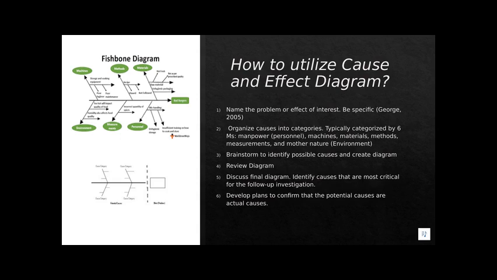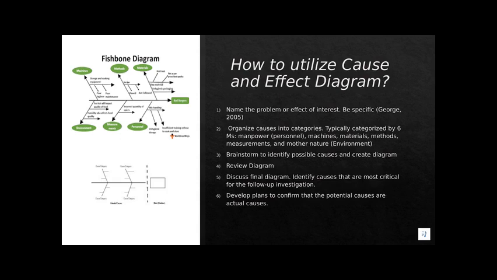The second step is to organize causes of that effect into categories. Typically those categories go under 6 different things, and they call them the 6 M's: manpower or personnel, machines, materials, methods, measurements, and Mother Nature or environment. They are not always these exact 6.